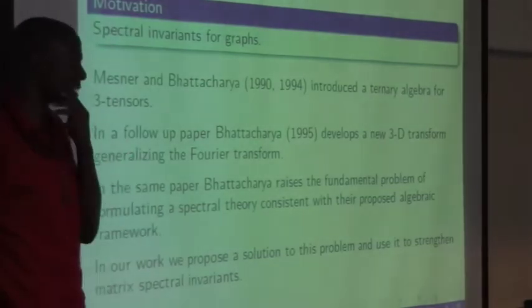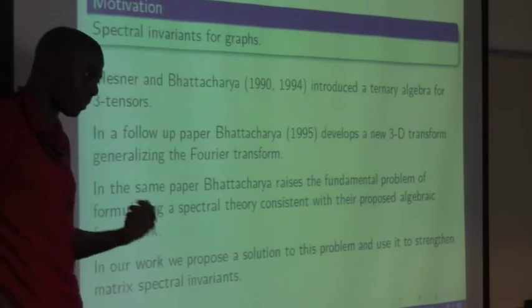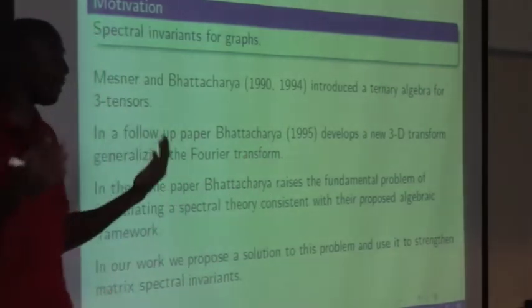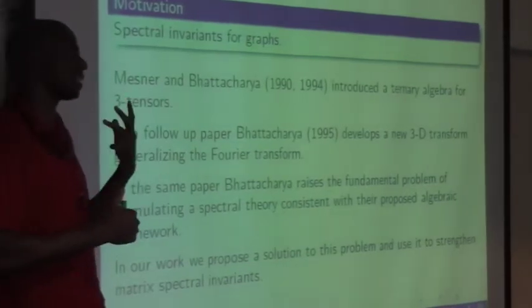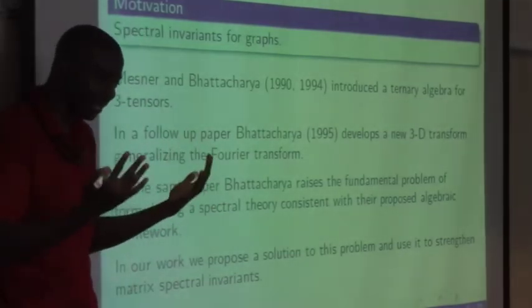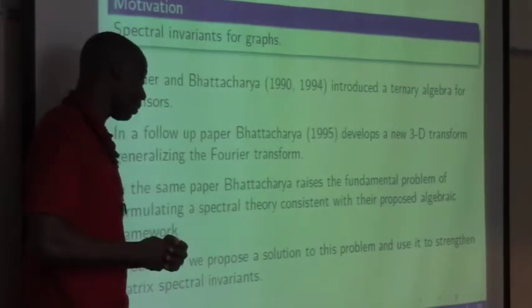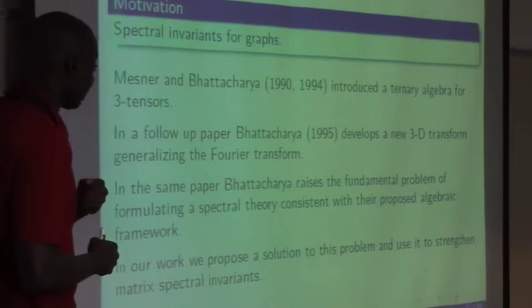Spectral invariants come from computing eigenvalues and eigenvectors. If these two objects have the same set of eigenvalues, then somehow they're similar. However, eigenvalues don't quite tell you the whole story. There are many graphs which have the same set of eigenvalues but are not the same structure. So there's been a lot of work to try and remedy that difficulty.